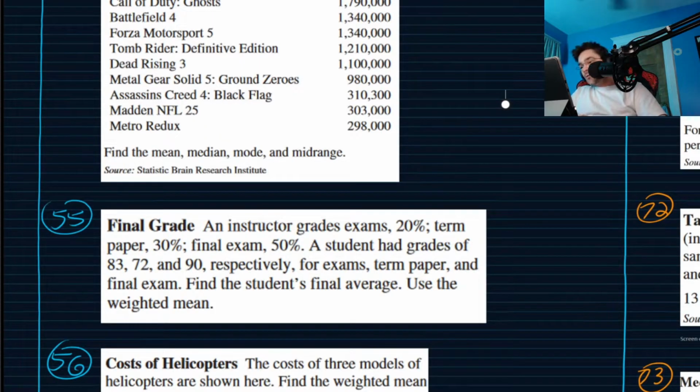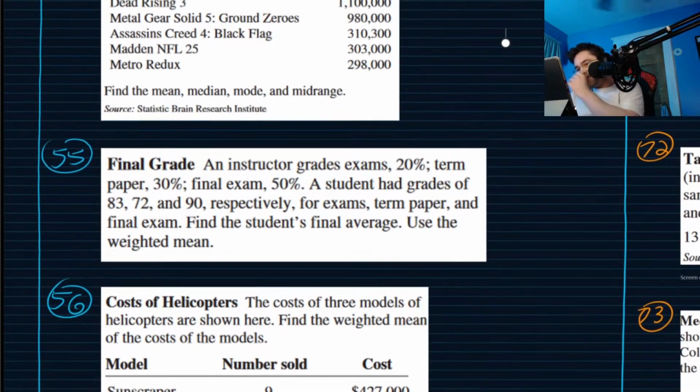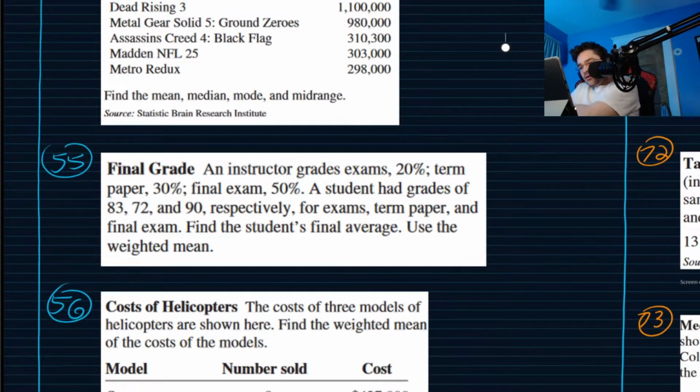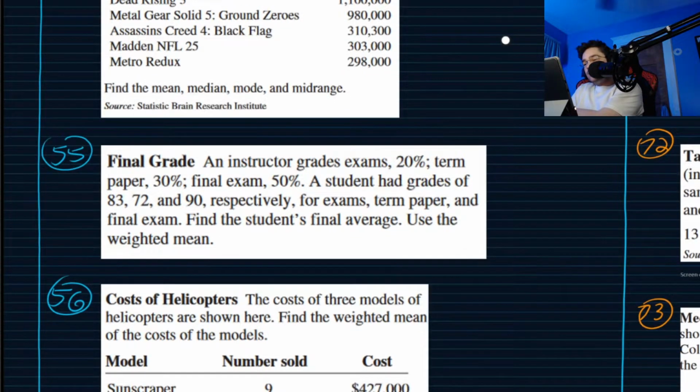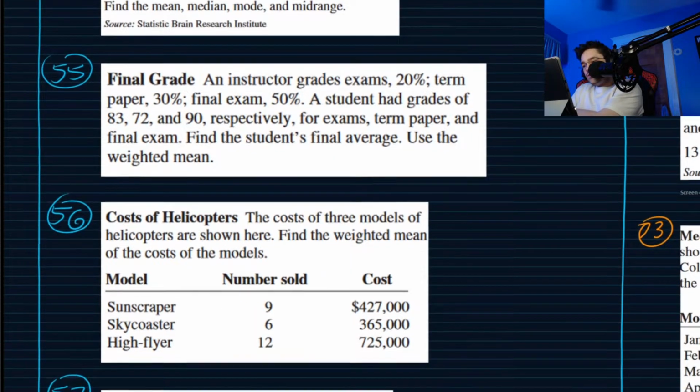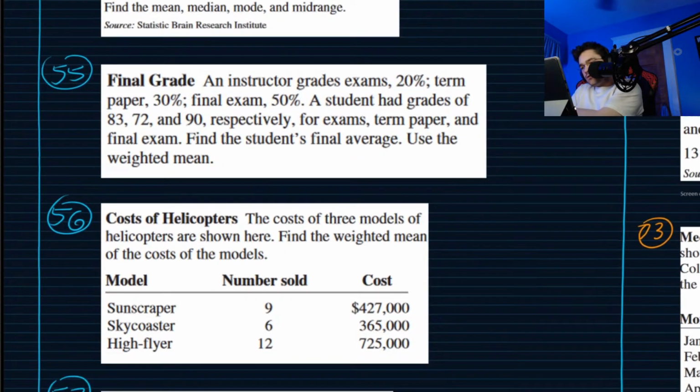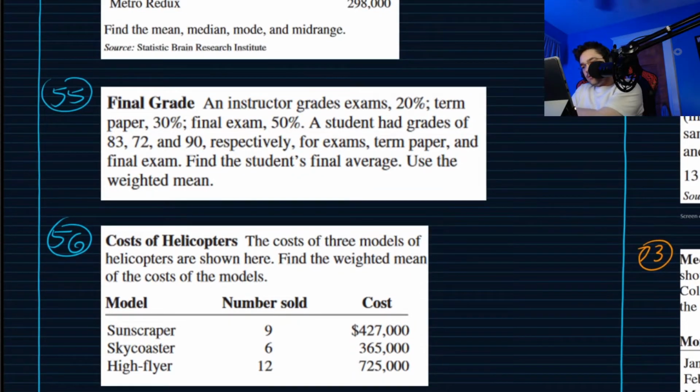So I pulled up the homework from my in-person class here for those questions. Here, 55 is a GPA example. Their grade is the data value, whereas the percentage they're giving there is the weight. In 56, the costs of helicopters, it's asking for the weighted mean of the costs of all the models.